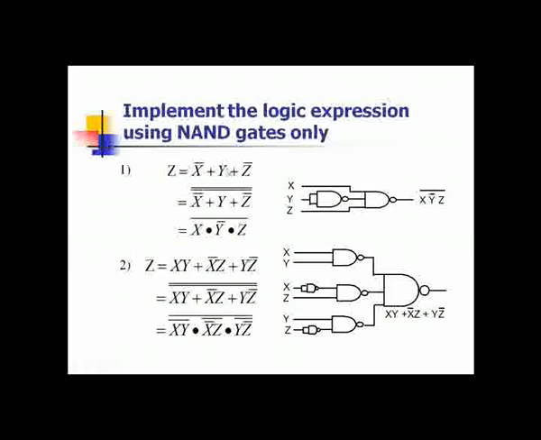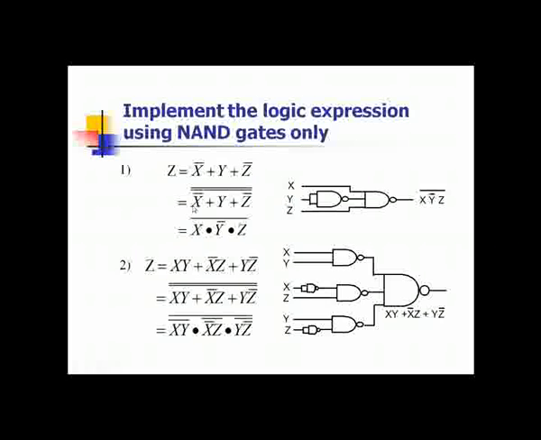Next we shall move on to the actual implementation of a given logic expression using different types of gates. For this example, let us consider implementing the given expression using an AND gate. First let us take the first logic expression, which represents z equal to x bar plus y bar plus z bar.